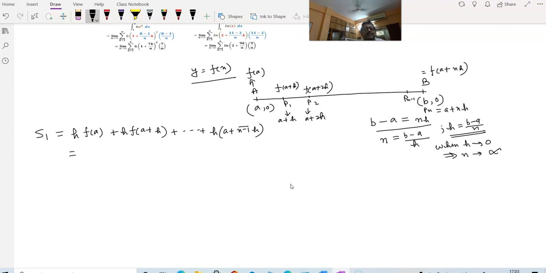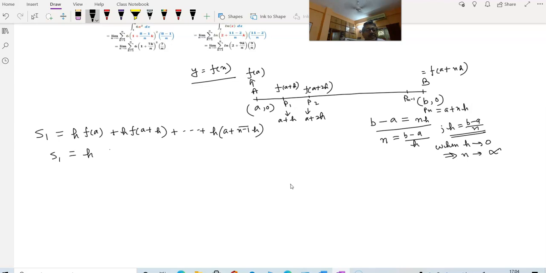Why are you considering this sum? There is an explanation that I'll give in the area under plane curves part, but right now we are going to interpret the integral from a to b of f(x) dx as the limit of a sum.